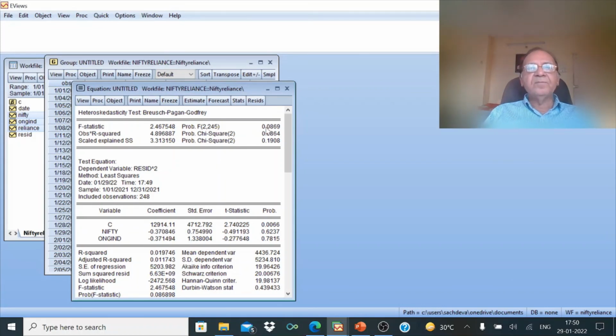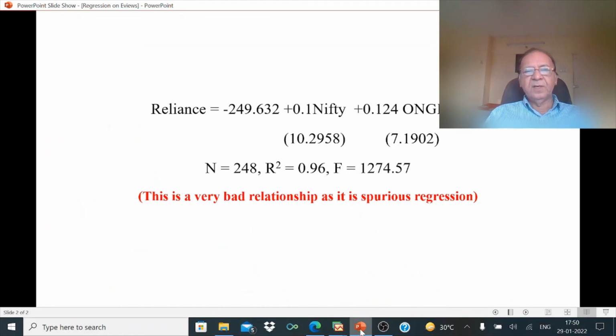So we can work on these tests, because there are many issues: your R-squared is very high, serial autocorrelation is there, there is multicollinearity. That is why we say this is a very bad relationship, as it is a spurious regression.